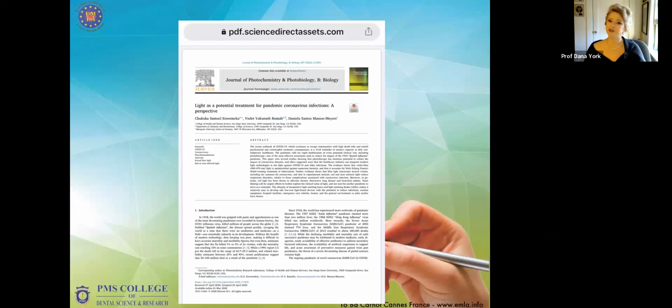Recently, Professor Chukwuka Onwuka, my dear wonderful friend and chief editor of Photomedicine Journal, did research where he put the light as a potential treatment of coronavirus.